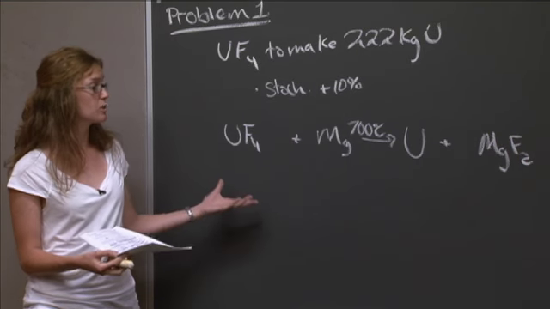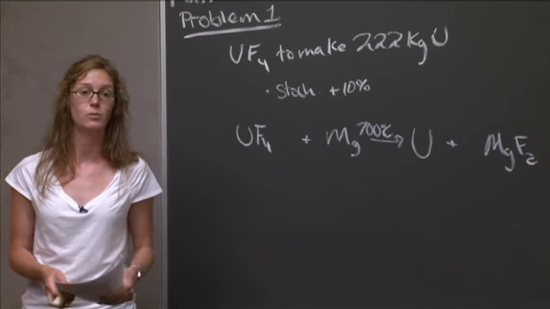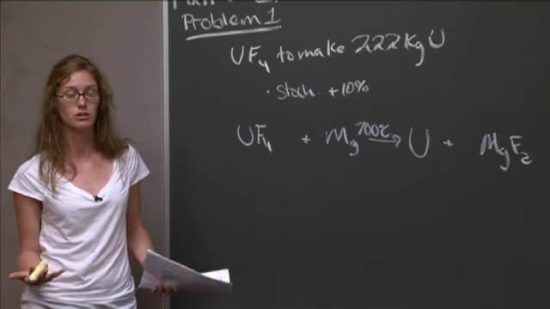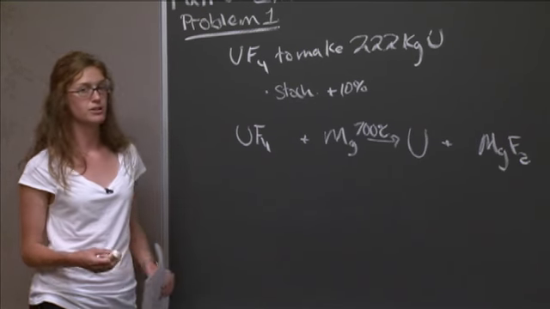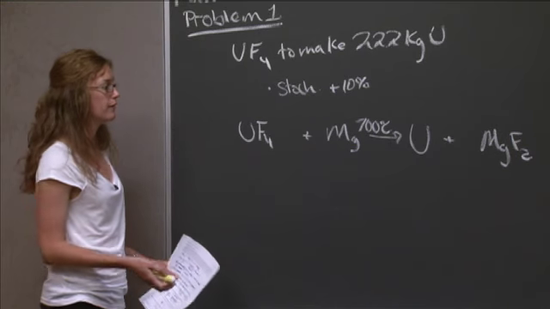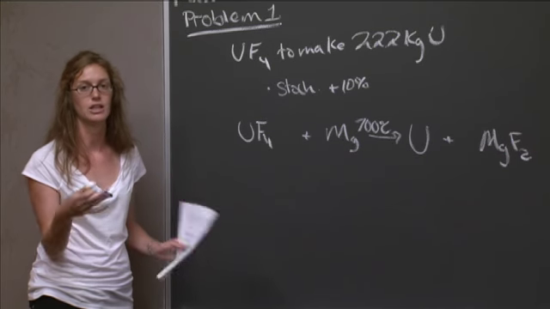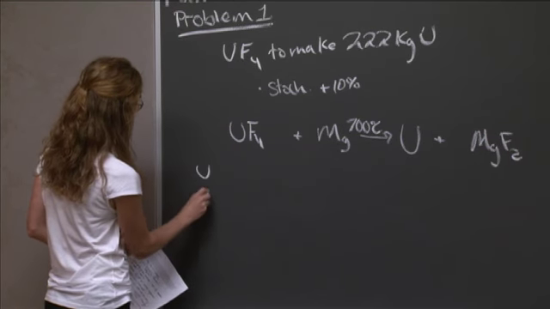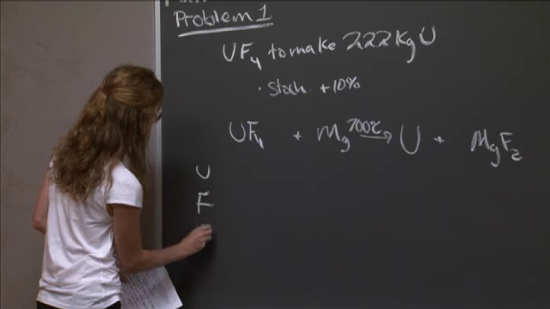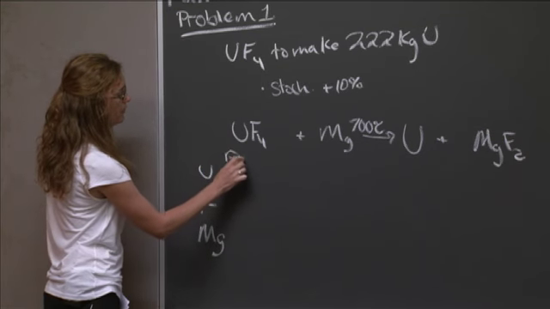Now that we have this equation, are we ready to move on? No, right? We need to have a mass conservation. We need to balance this equation. To determine if this is balanced or not, we want to keep track of the amount of uranium, fluoride, and magnesium on each side of the equation.